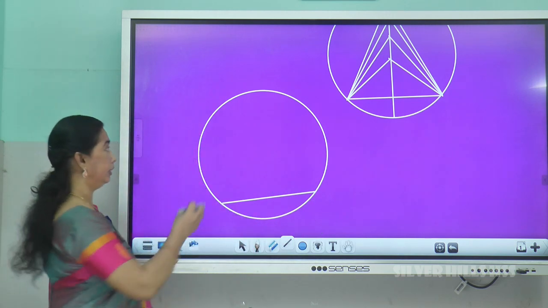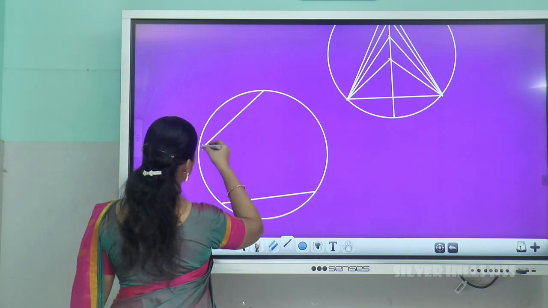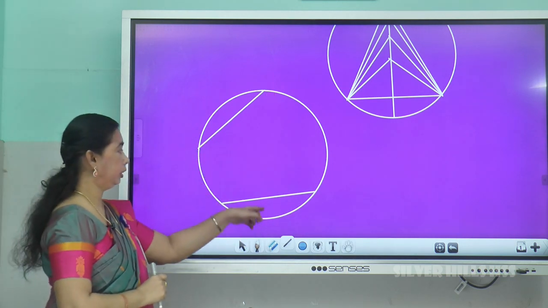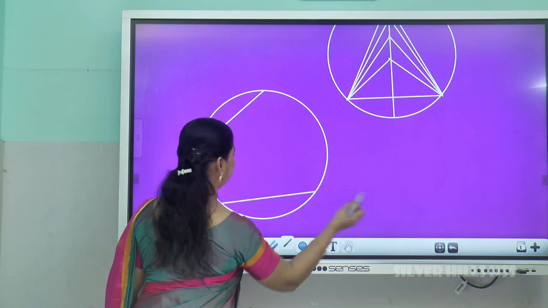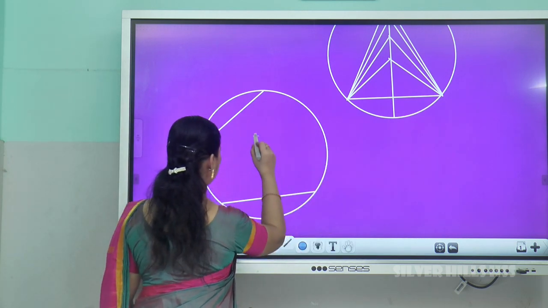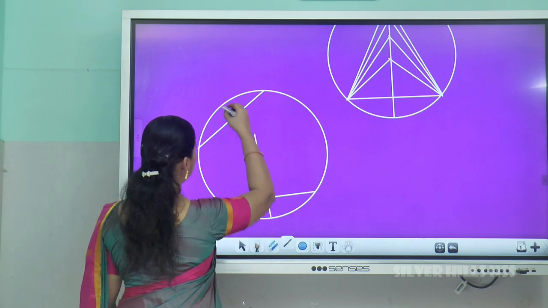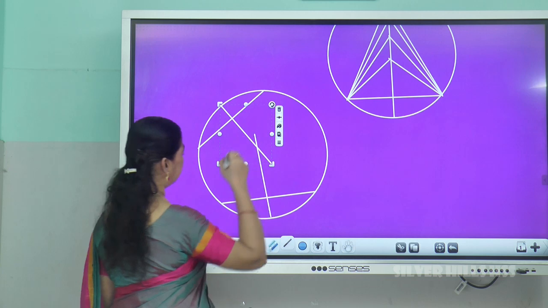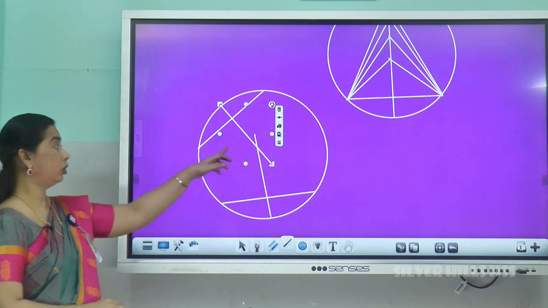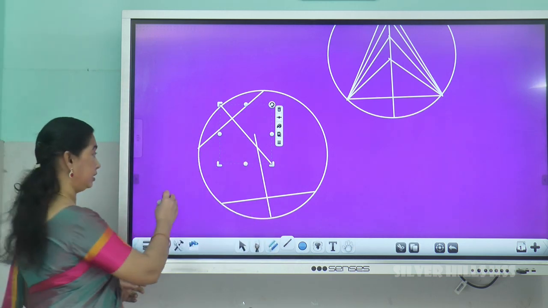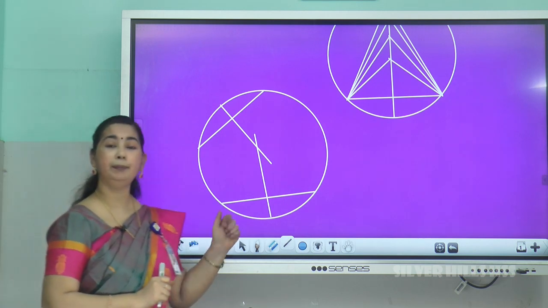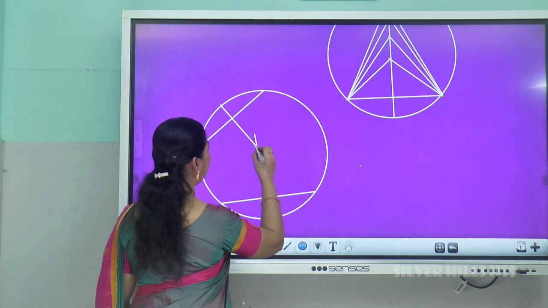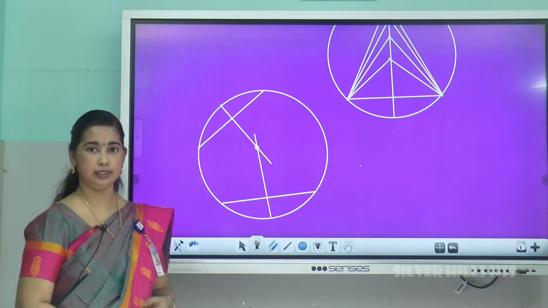Now, I am drawing a second chord. This is the perpendicular bisector of this chord. In the same way, for this one also we can draw another perpendicular bisector, and the intersecting point of both the perpendicular bisectors will be the center of that circle.